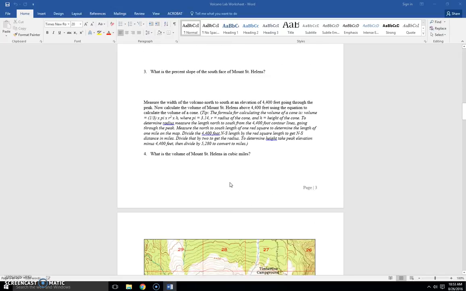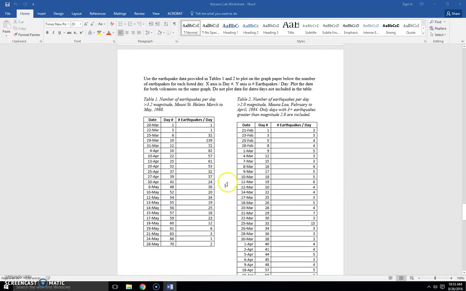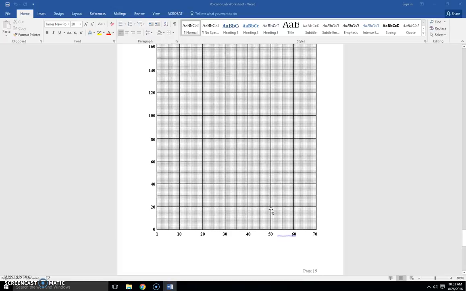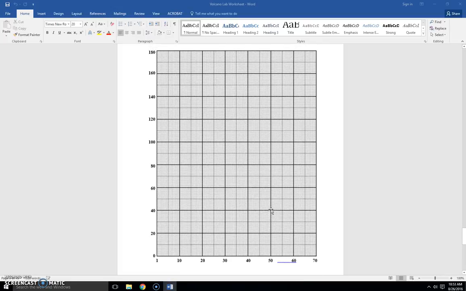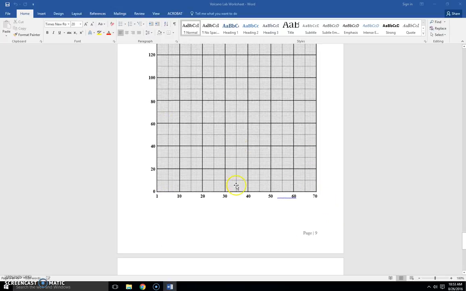Next thing, further down here, you get to graph earthquakes per day for Mount St. Helens and Mauna Loa. Here's the graph paper to do it on, but if you'd like, you can totally do it in Excel if you have the skills, or you can just do it on paper.